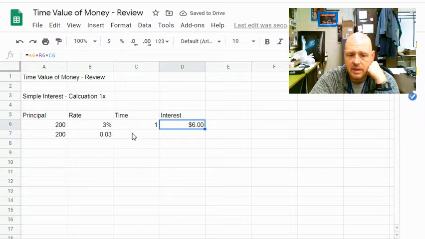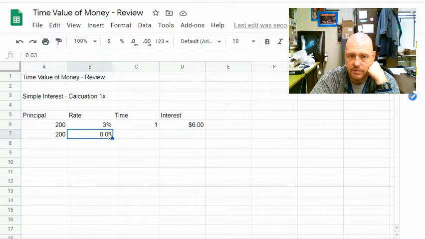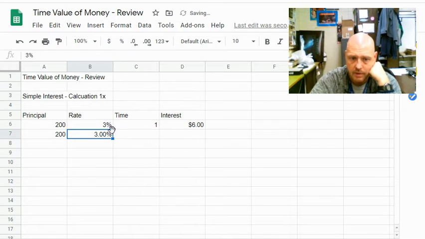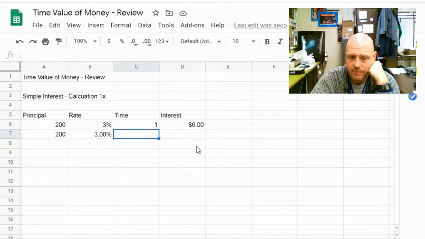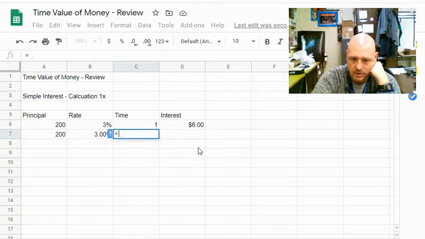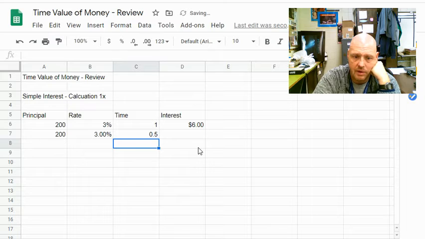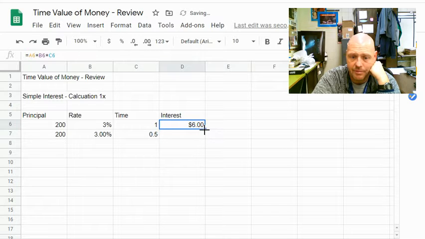If I leave it in there for something less than a year, logically, I shouldn't get the same $6 worth of interest. I should get something less. But what if I leave it in there for only 6 months? 6 months out of a 12-month year, in theory, I should get about half of that interest, right?